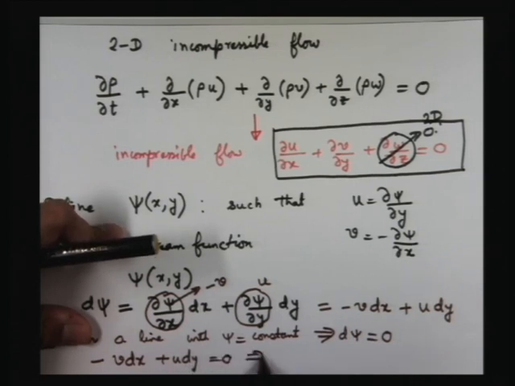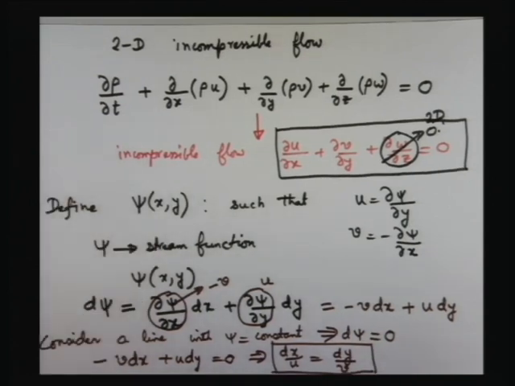That means dx by u is equal to dy by v. So, what is this? This is nothing but the equation of a streamline, right? So, along a streamline, the stream function is a constant. That is why the name stream function.